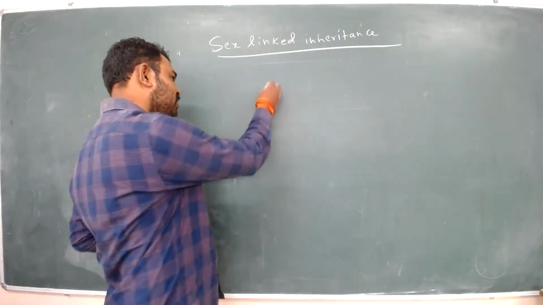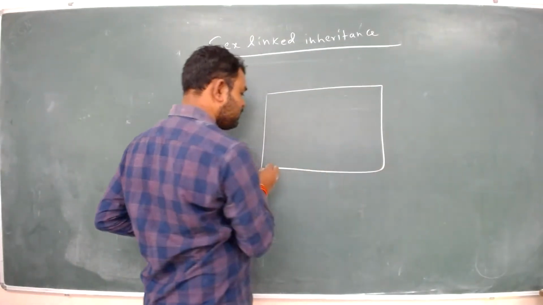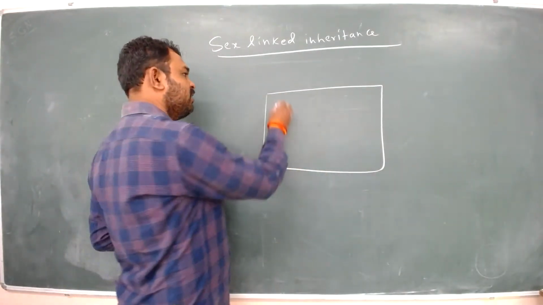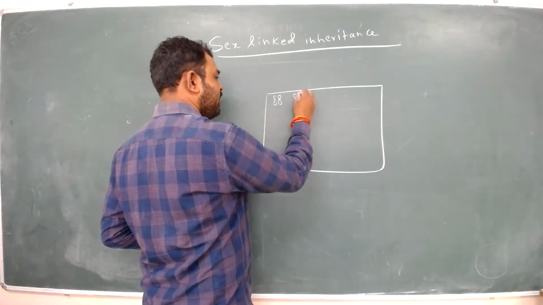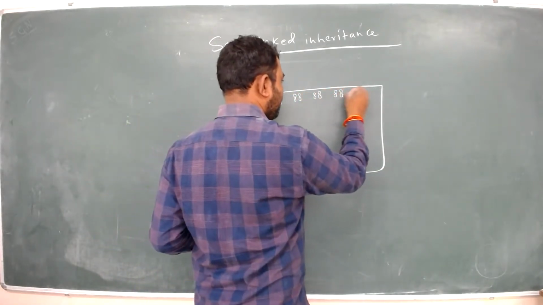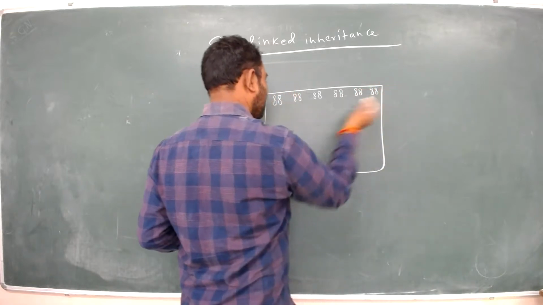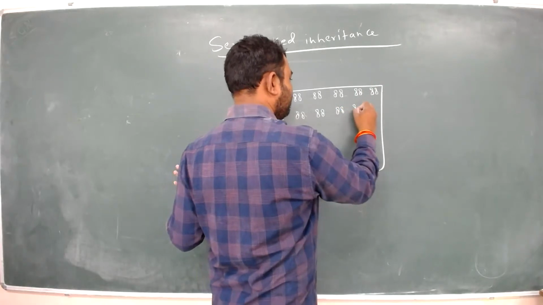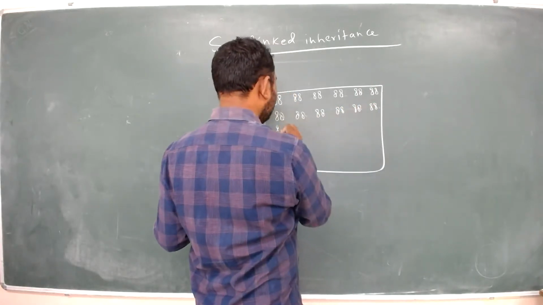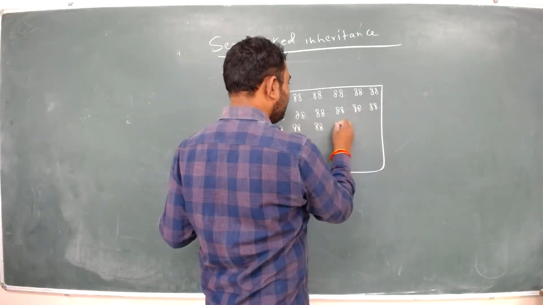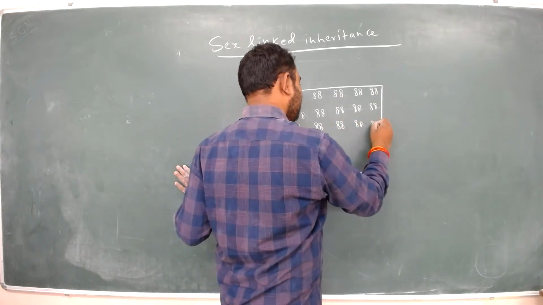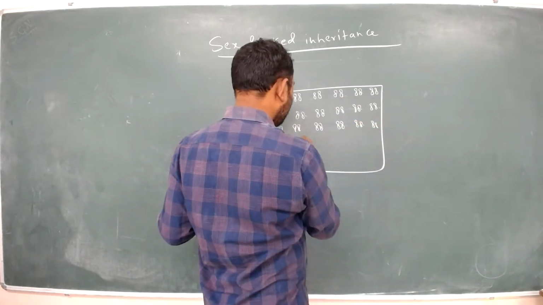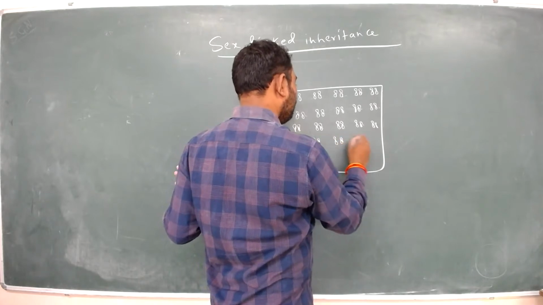Suppose this is a cell, and these are the chromosomes: first pair, second pair, third pair, and so on up to 23 pairs.